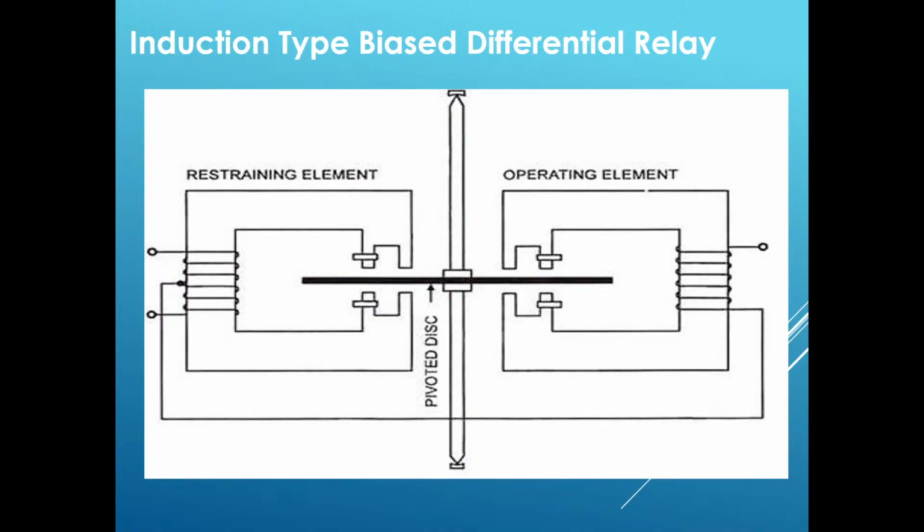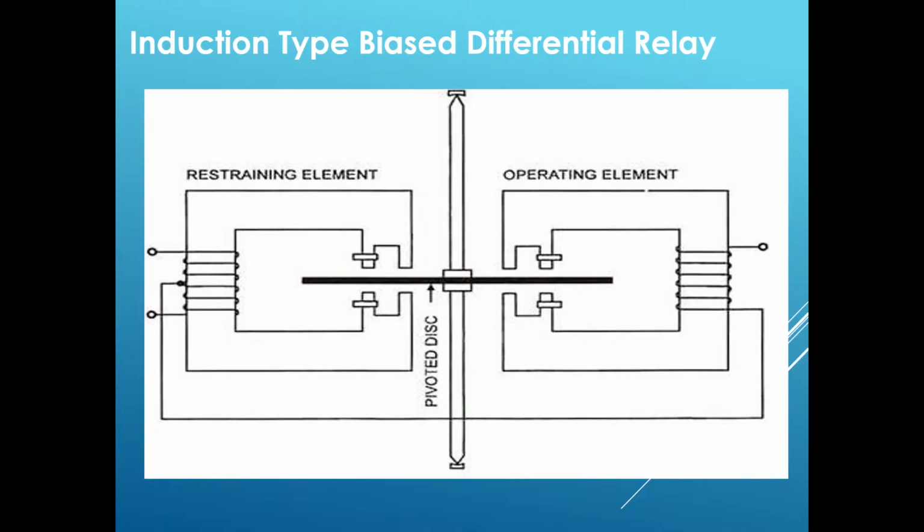If you carefully observe, it is looking like an electromagnetic induction type relay, isn't it? It is looking somewhat like an electromagnetic relay. It has some limbs, along with one limb that is split into two parts, isn't it?